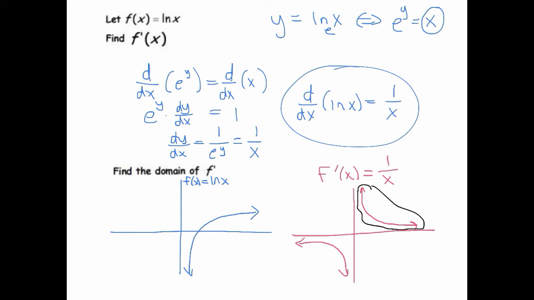But the point is that this left arm is not relevant because ln of x isn't defined to the left of 0, for x less than 0. So it said find the domain of f prime of x. Well, its domain would not need this left arm, so its domain would just be 0 to infinity. All right, that's just a minor comment.